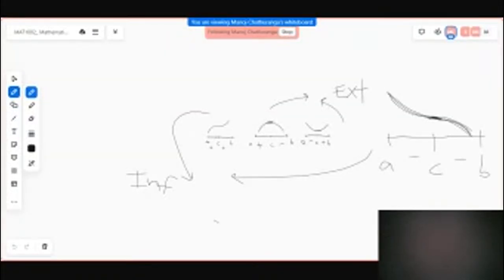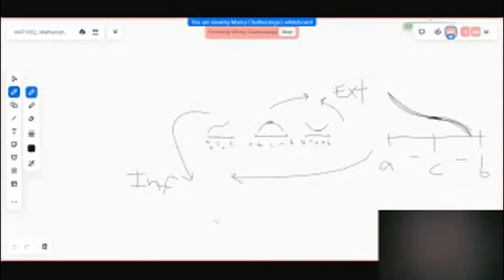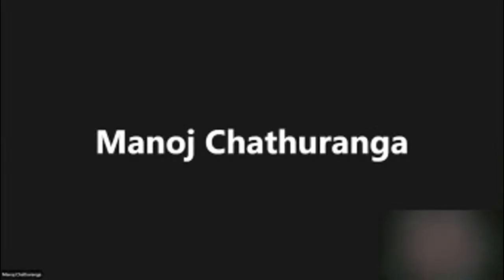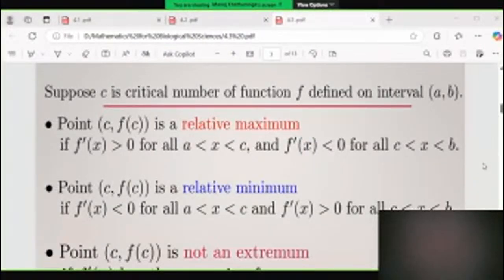So observe the sign change around the critical point, and that will tell you how the function behaves around the critical point. So that is what all these words are telling you. Once you have a picture, that is very clear.